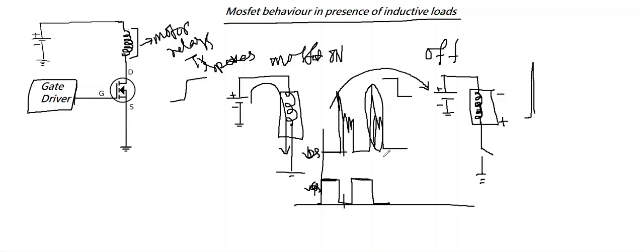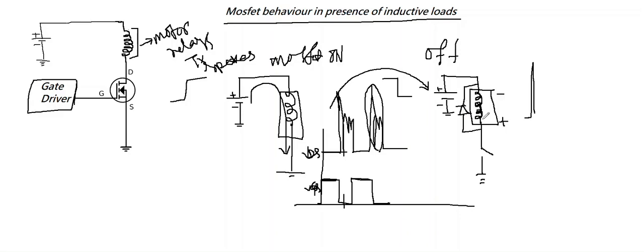Now how to prevent this? You can prevent it by connecting a parallel diode. So you connect a diode across it. This diode is also called a flyback diode or freewheeling diode or reverse bias diode.